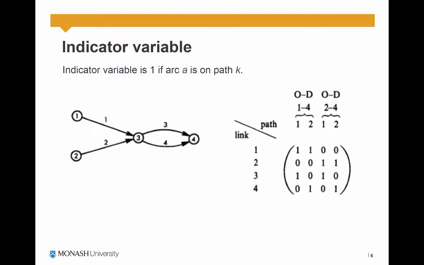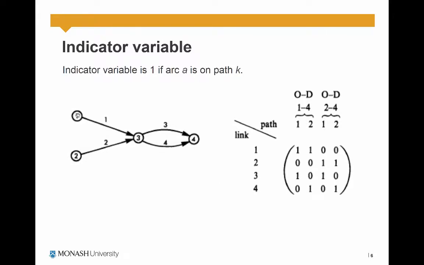To give you a better picture of what I mean by paths and links and origins and destinations, let's have a look at this simple example where we have 4 nodes in the network. We have node 1, 2, 3, and 4. We also have 4 links or arcs in the network, link 1, 2, 3, and 4.